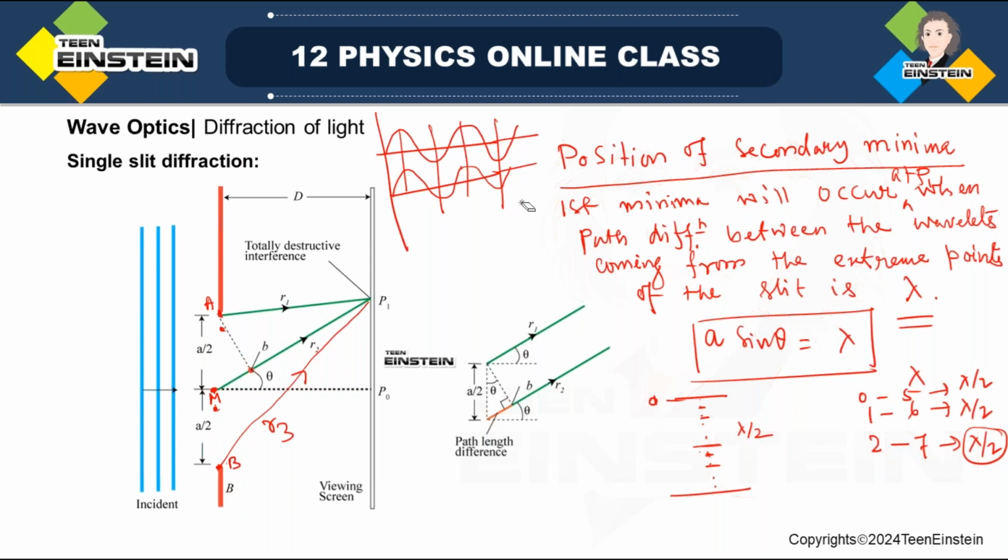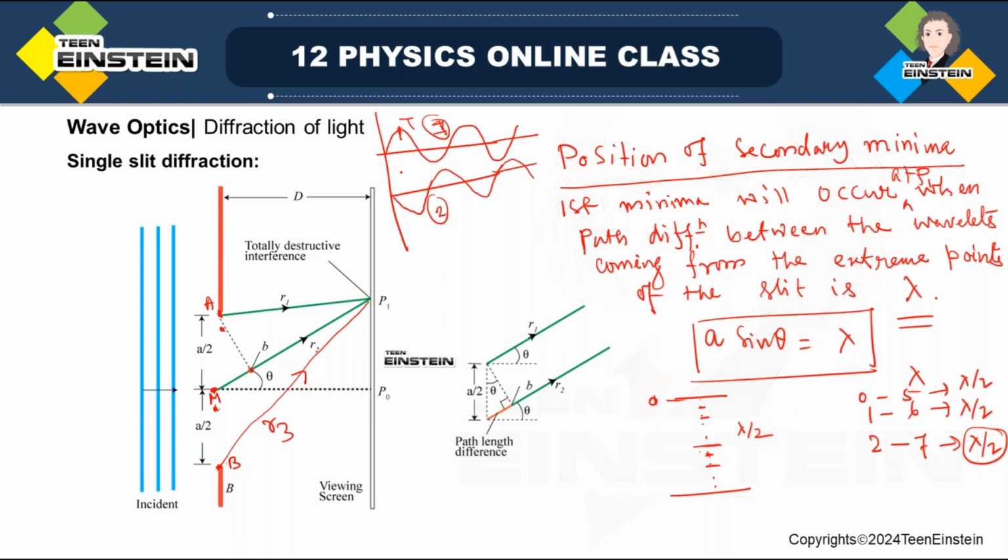But suppose the path difference is lambda by 2. That means pi, lambda by 2 corresponds to pi, or a 180-degree phase difference. So where the crest is happening for wave 1, for wave 2 there is a trough.